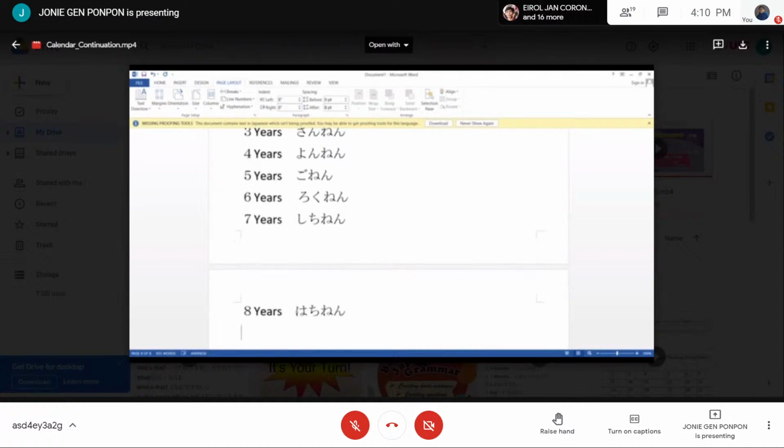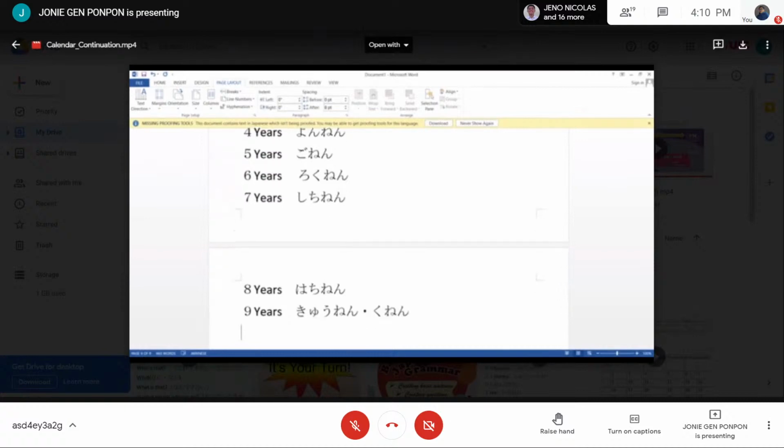And then for 9 years, that is 9年, and there can be two readings here. And then for 10 years, that is 10年.